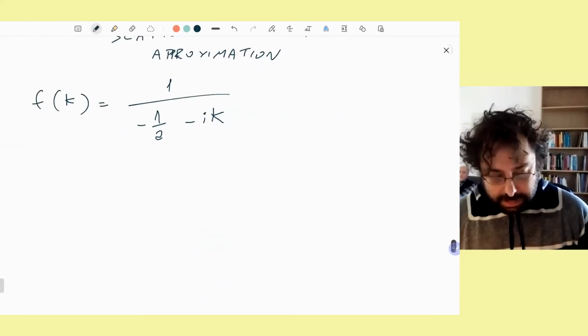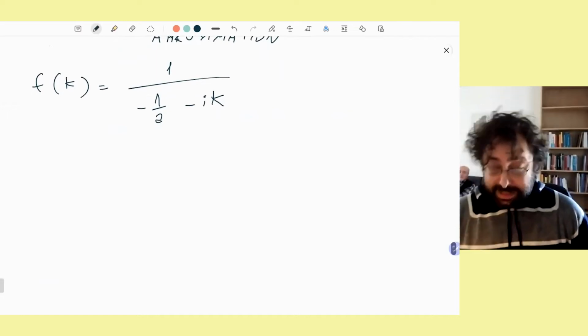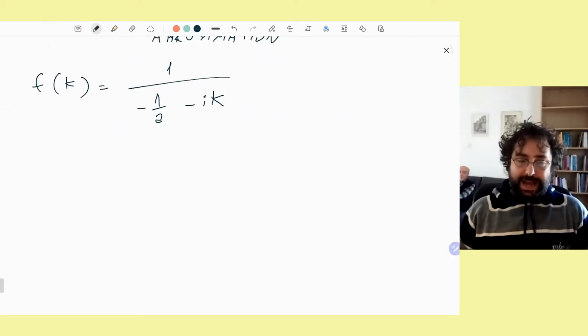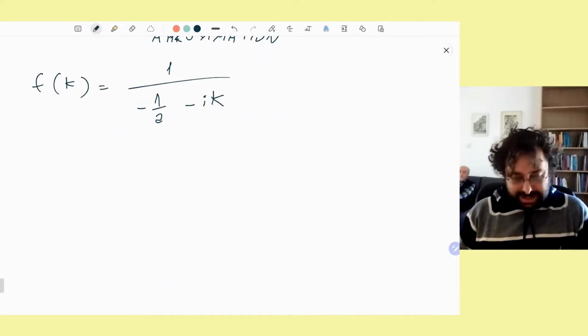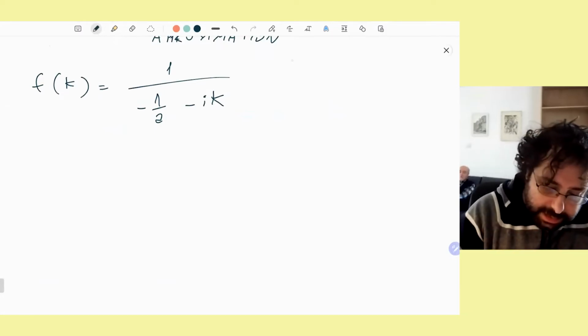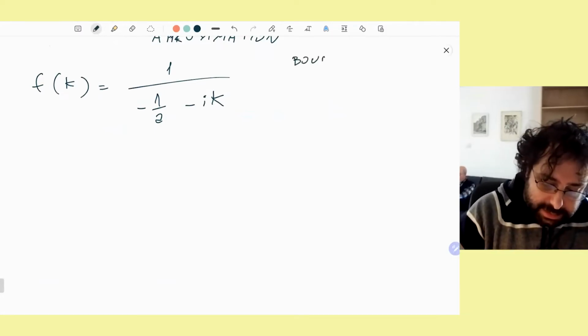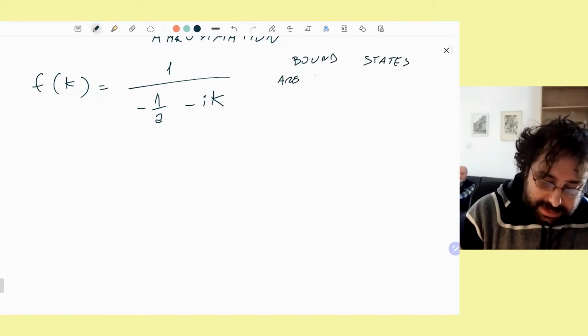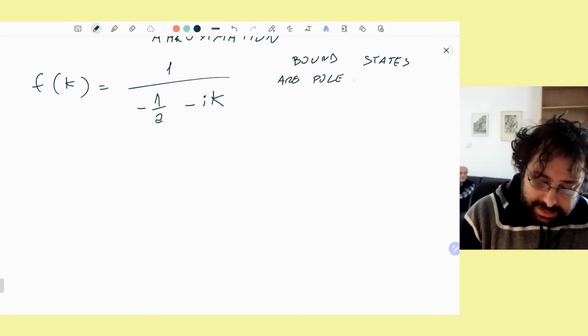Okay, so what are the properties of this guy? First of all, what do bound states have to do with this? Bound states are poles for negative energy.